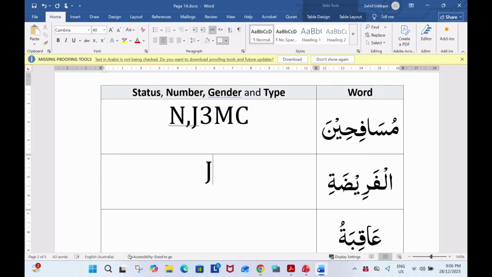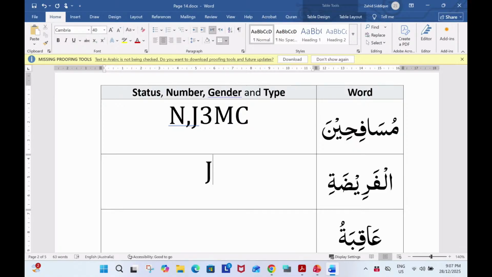Isn't it like al-Fariyadati? So like ridati. Did you study in the Muslim chart something which is matching with this sound? I'll read out the Muslim chart and you let me know which one it is matching with. Muslimun, is it matching?